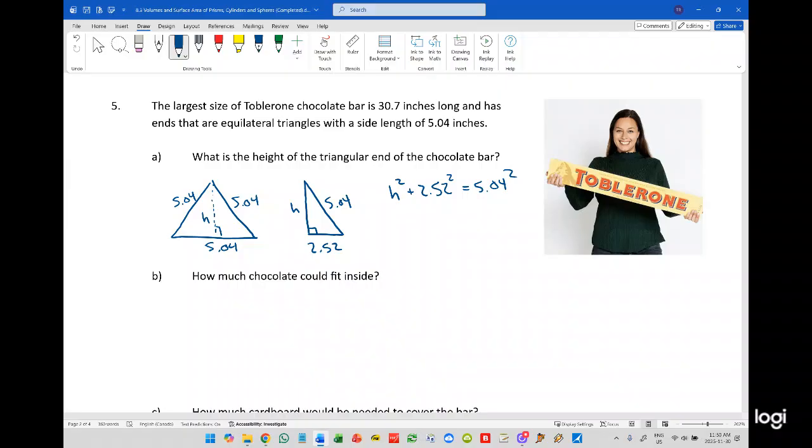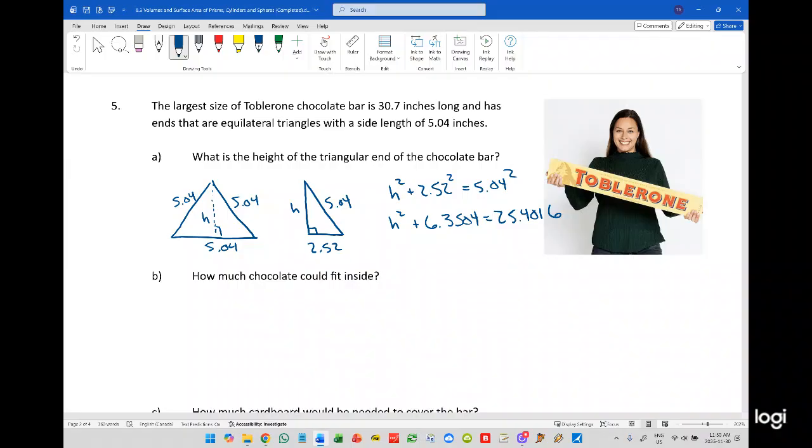2.52 squared is not a pretty number. 6.3504. And then 5.04 squared is 25.4016.